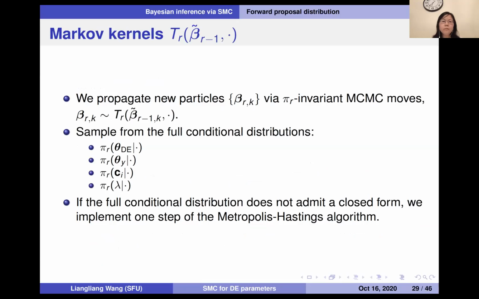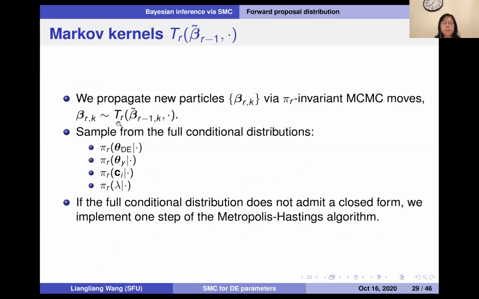You can see that the important step in the algorithm is to sample the particles. In this case, we sample our particles through pi r invariant MCMC moves.